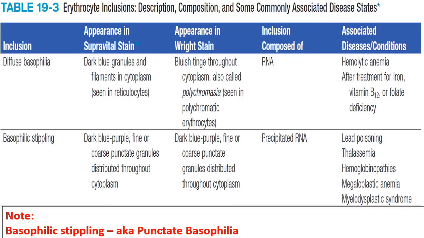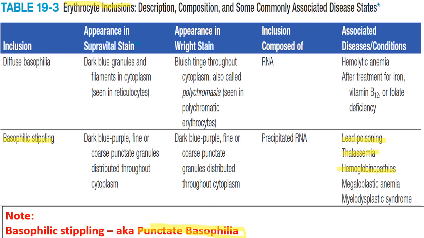Dito naman tayo sa mga erythrocyte inclusions. Okay? Unahin natin si basophilic stippling. Basophilic stippling is also known as punctate basophilia. Okay? And it is commonly seen in lead poisoning, thalassemia, and hemoglobinopathies or abnormalities in hemoglobin synthesis.